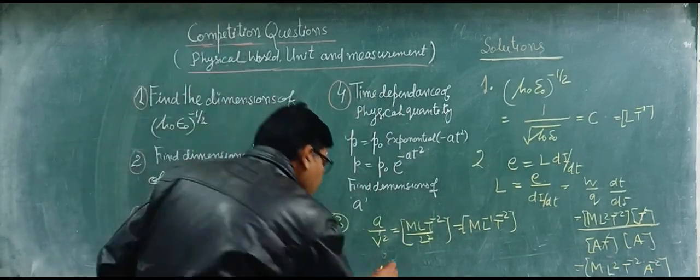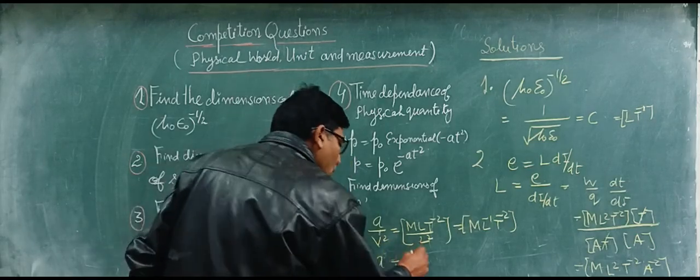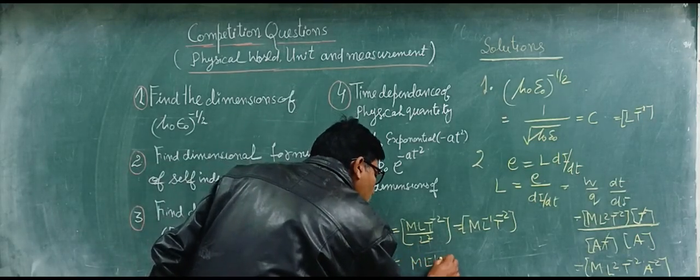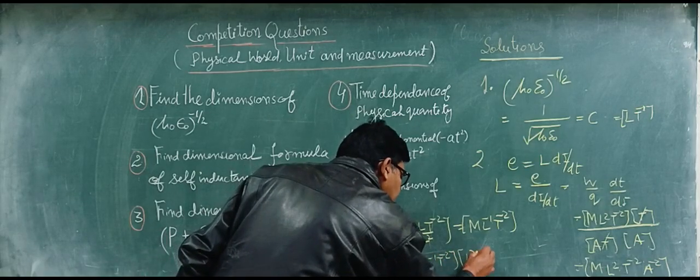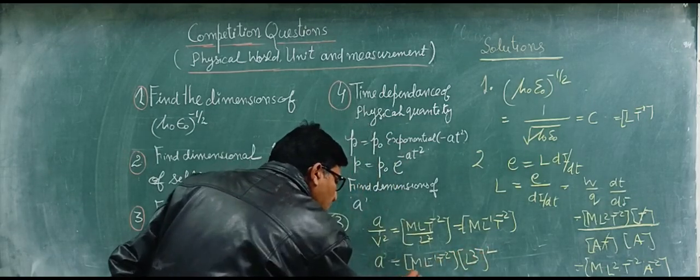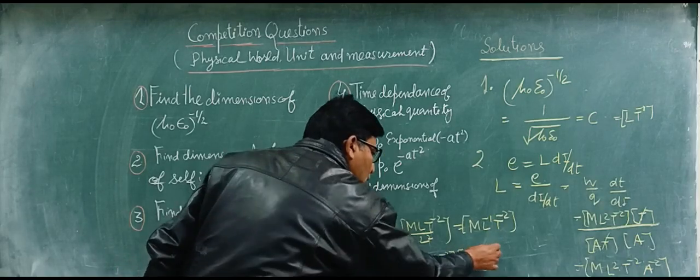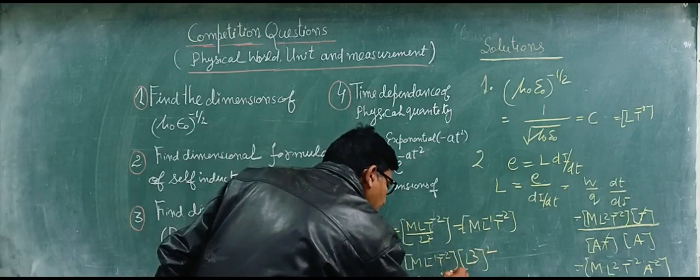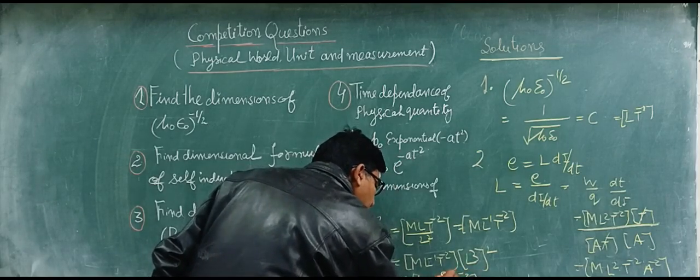So a is equal to ML^-1T^-2 times volume squared, this is L^3 raised to power 2. So this comes out to be equal to ML^5T^-2. This is the dimensional formula of this constant.